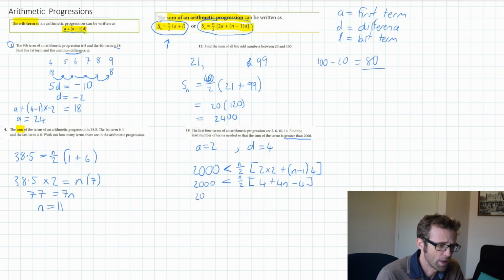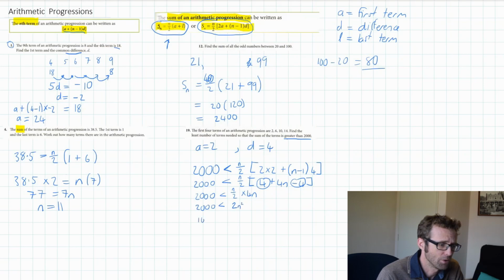Next line, 2,000 less than n over 2, and I've got times 4n, because obviously this 4 and this minus 4 are going to cancel each other out. Next line, 2,000 is less than, now when we work this out, we're going to have 2n squared.